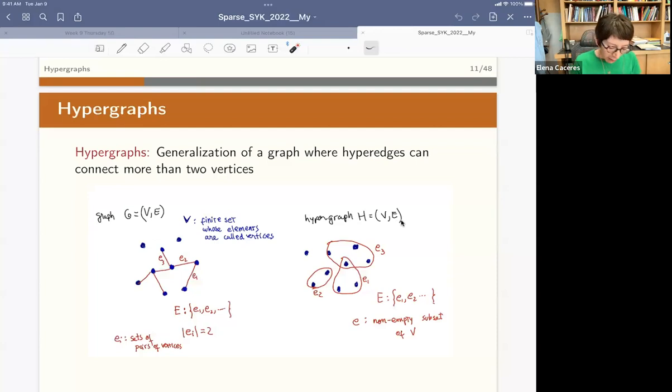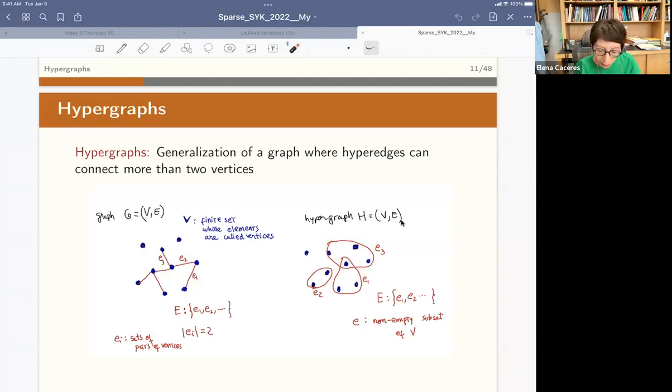So, okay, this is usually a graph. We denote it by G, and it's a set of vertices and edges. This is the normal figure that we have, an edge connecting two vertices. A hypergraph, denoted by H, is also a set of vertices and edges. But as I said, this would now be the hyperedge.